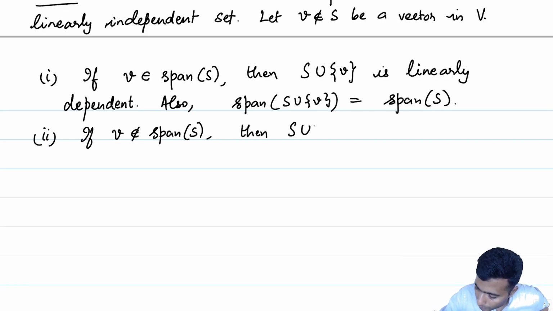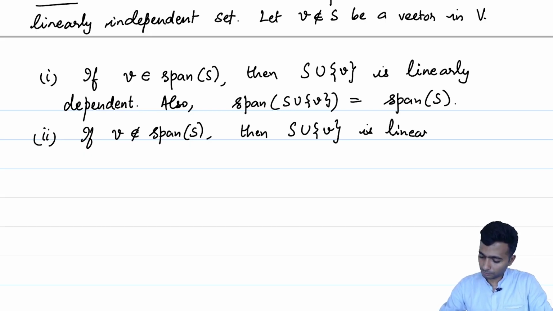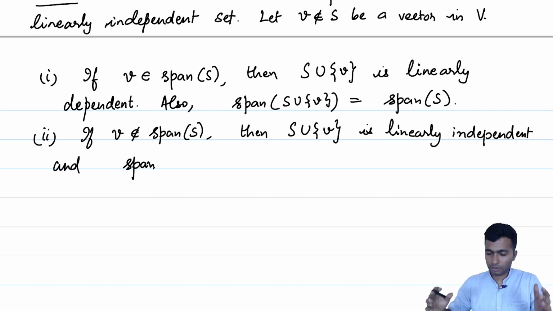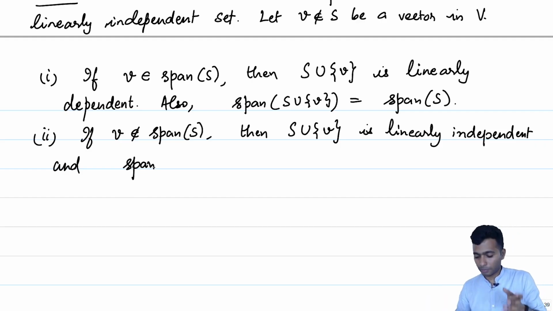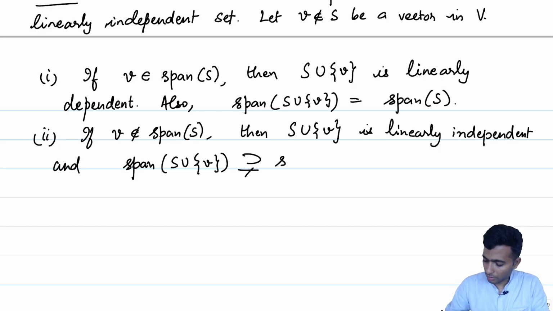Then S union V is linearly independent. Not just linearly independent, the span is also strictly a superspace, or the span of S is a strict subspace of the span of S union V, which contains the span of S.